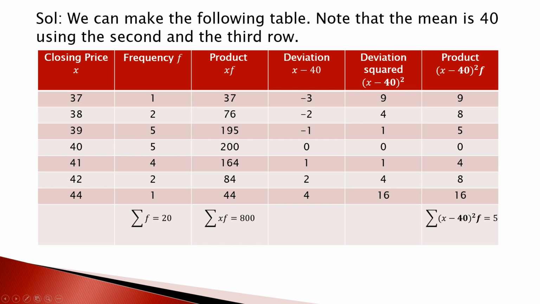Now, based on that mean, let's compute the deviations first. For 37, for example, deviation is -3. For 41, deviation is 1. Then we square them, and we multiply by the corresponding frequency. Okay, we take this result, 9 times 1 is this 9 here, okay, and 2 times 9 times 1 is here 9, 4 times 2 is 8 here, okay.